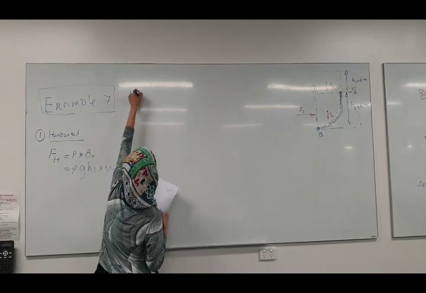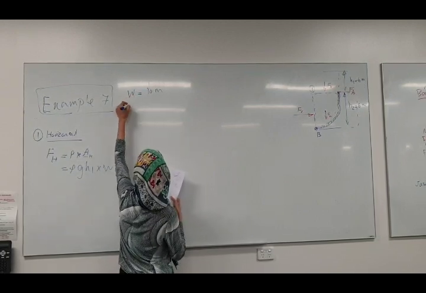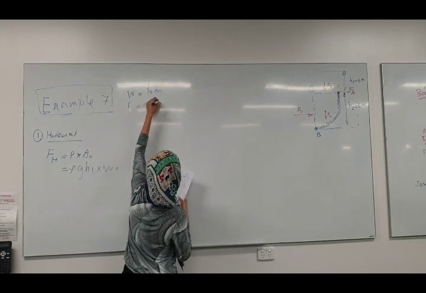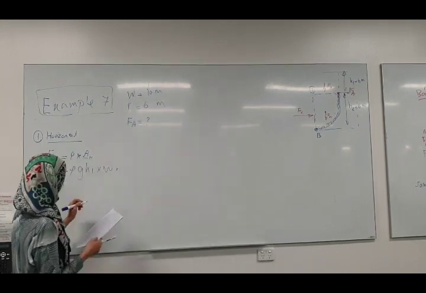Maybe I should also write down the information we have. The width is about 10 meters, the radius is about 6 meters, and we want to find out FA.